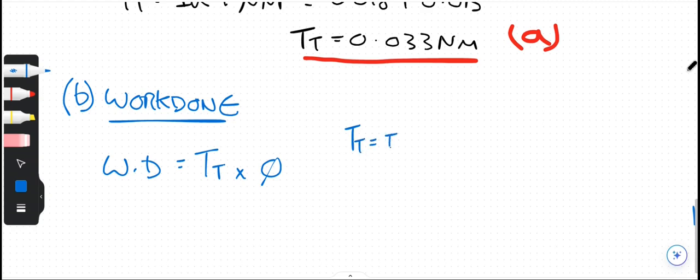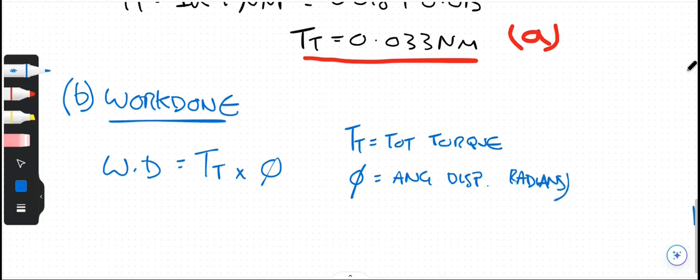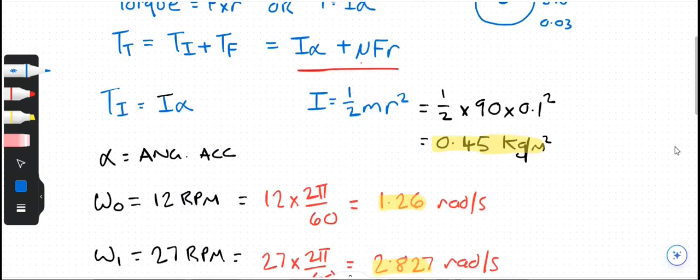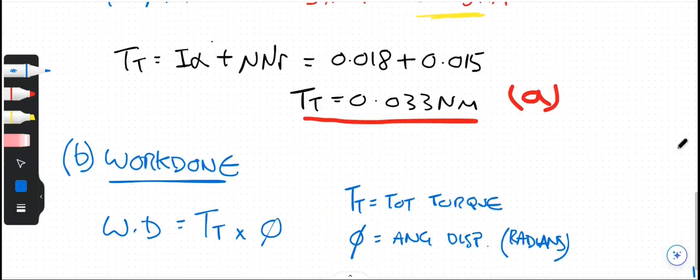Total torque multiplied by angular displacement, which is going to be in radians. So how many radians has this flywheel gone through in accelerating up to 27 RPM? Right, well, there's a formula for that, because there's always a formula.